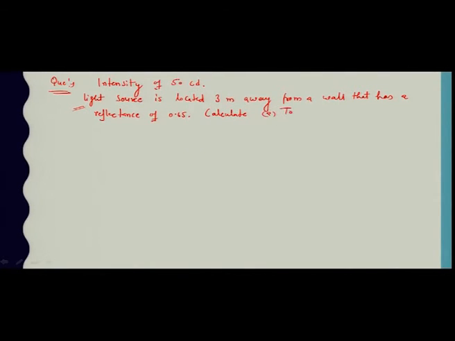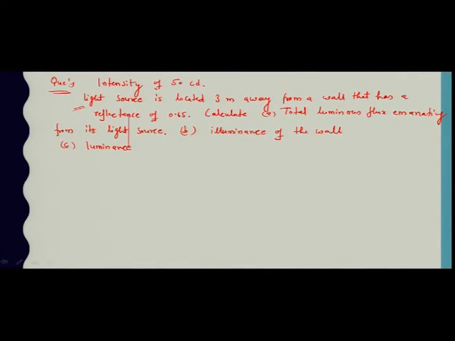So calculate, A, the total luminous flux emanating from the light source; B, the illuminance of the wall; and C, the luminance emitted by the reflected light.